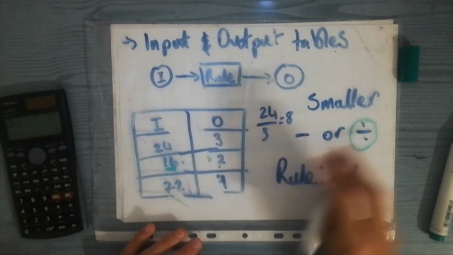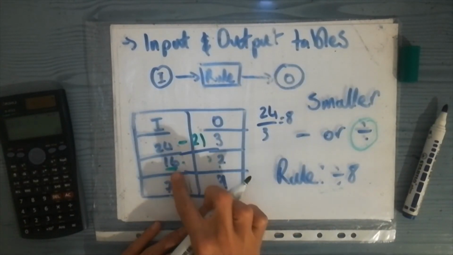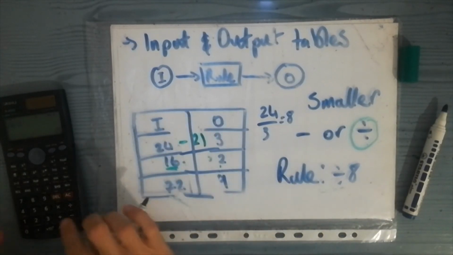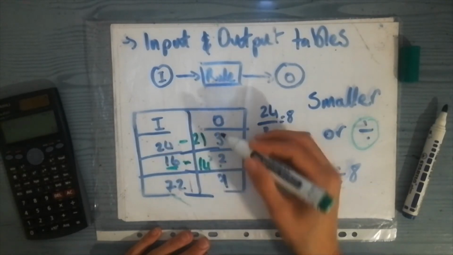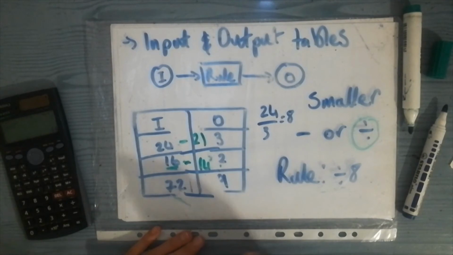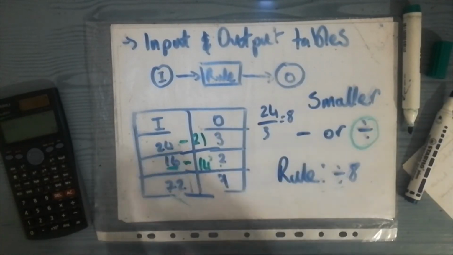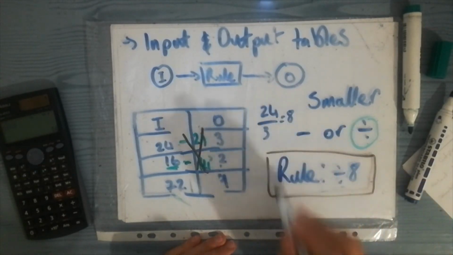I need to subtract 21. What will I have to minus from the 16 to make it a 2? I need to subtract 14. So since they are not the same, it definitely cannot be a minus. That is definitely wrong. So that is why it's for sure a division by 8.